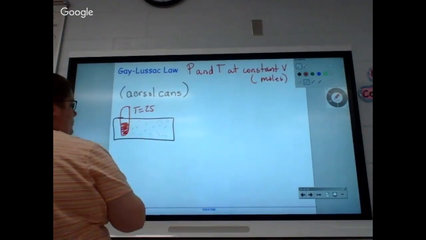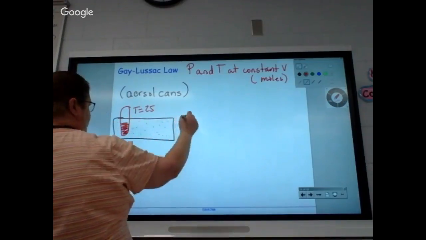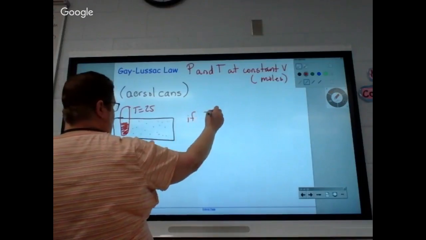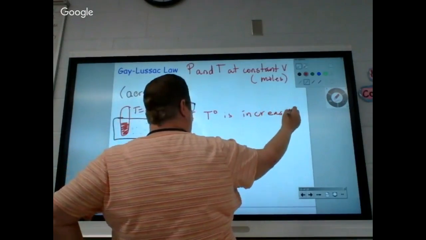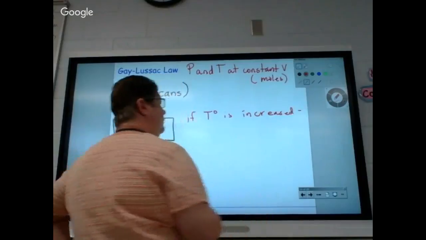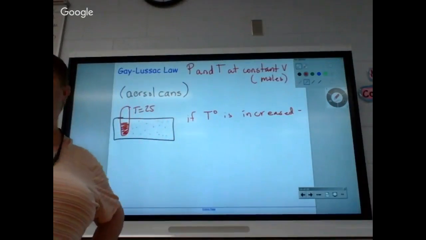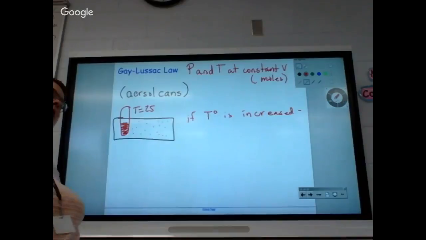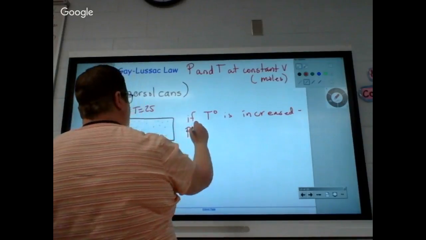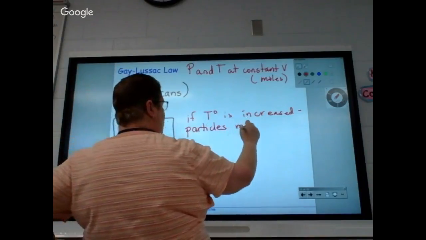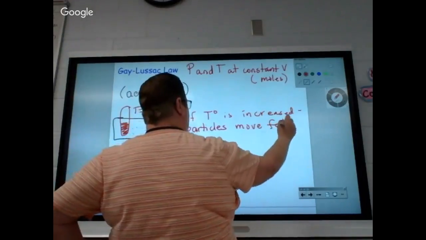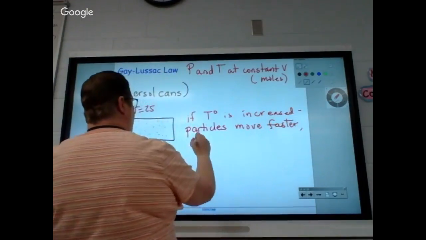What happens if you heat it up? If temperature is increased, what happens inside? Don't tell me boom, that does not explain anything. I need something more. Tell me about the particles. What do the particles do? They move faster. And if they move faster, they collide more often.